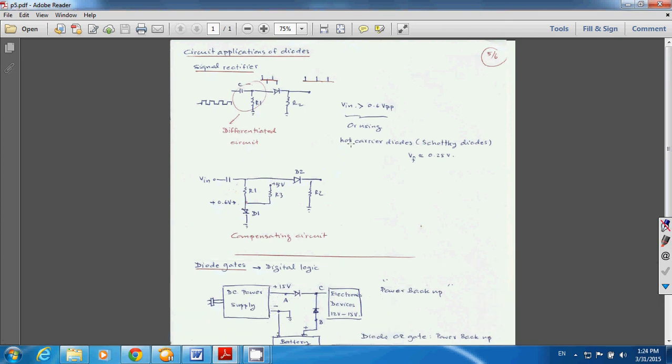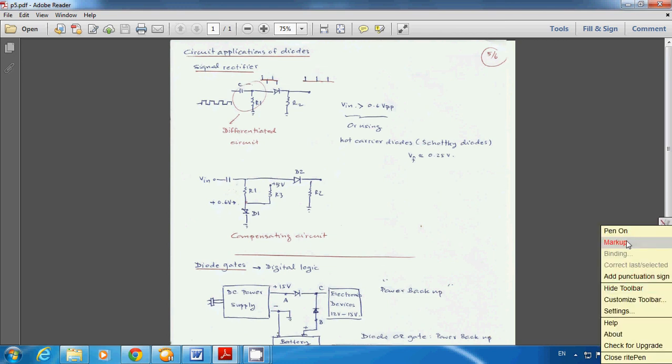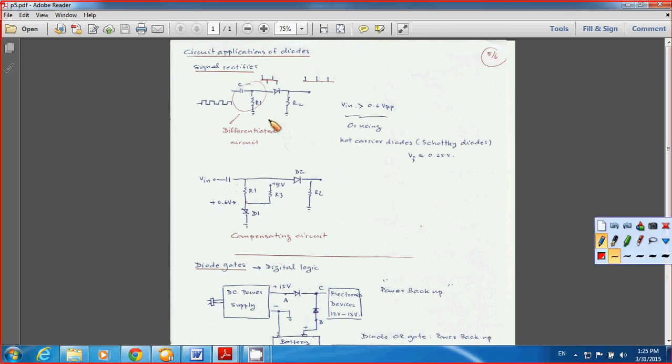Now let's take a look at the signal rectifier circuit. The way you connect the diode, you have your capacitor and you have R1 and R2. So the first part here, which we studied before, looks like a differentiator circuit.